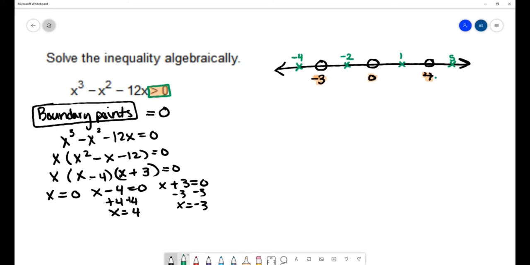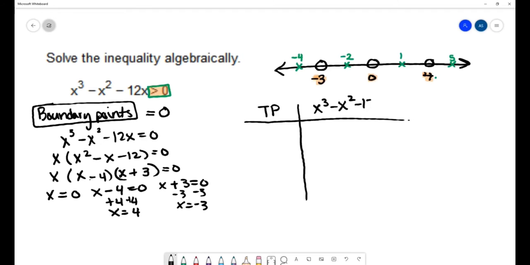And we're going to test these in our expression. So we take our test points and plug them into our expression x cubed minus x squared minus 12x. All we really care about is whether it comes out positive or negative. So let's test each one of these test points. Negative 4: that's negative 4 cubed minus negative 4 squared minus 12 times negative 4.